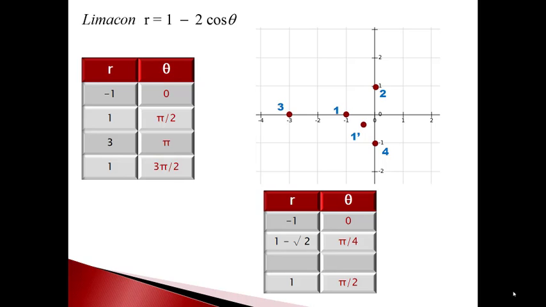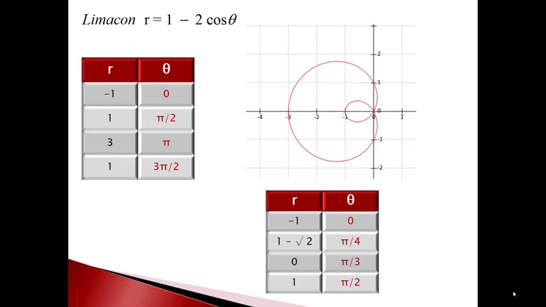When theta equals pi over 3, r equals 0, we obtain the point 1 double prime. Now, there are enough points to sketch the graph. We obtain the graph of the given limaçon.